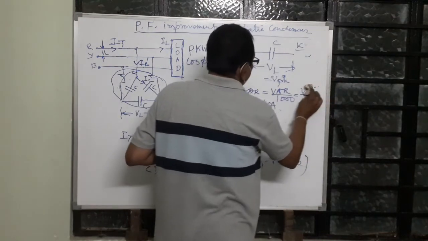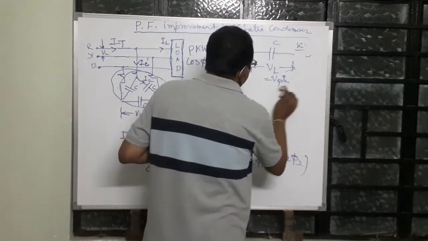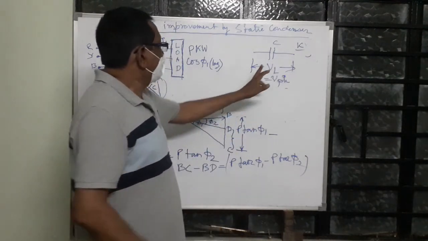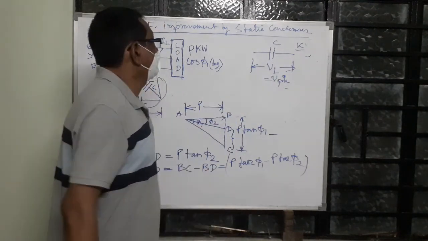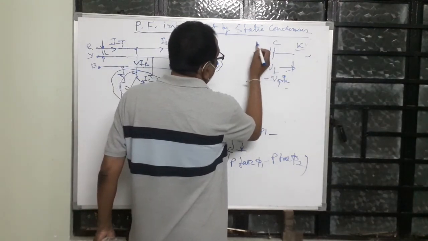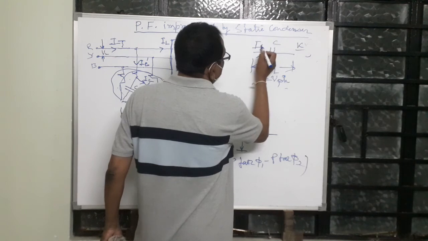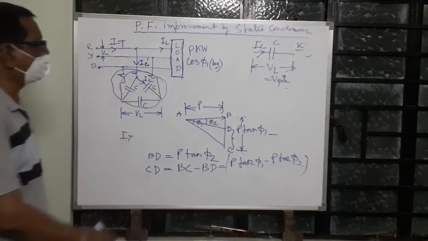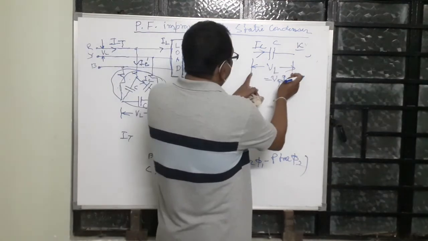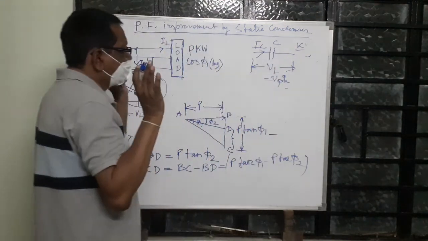Now if we divide the kVAR by the given voltage, we can find the current IC. So the voltage is given and IC is calculated.